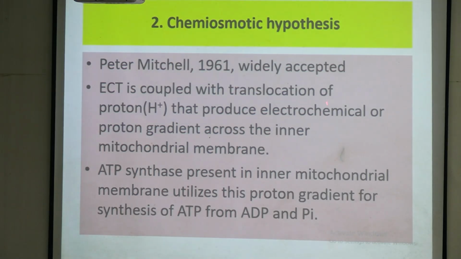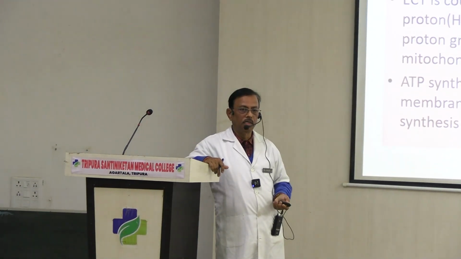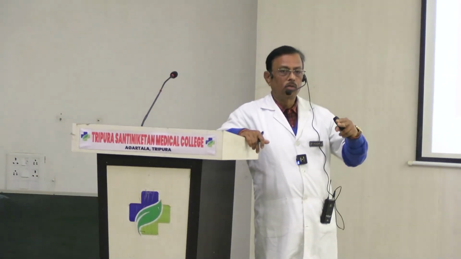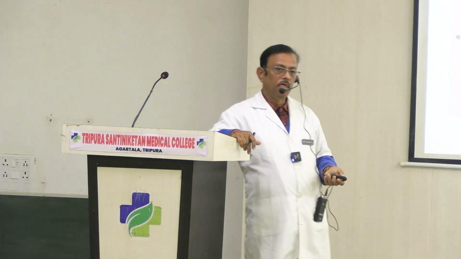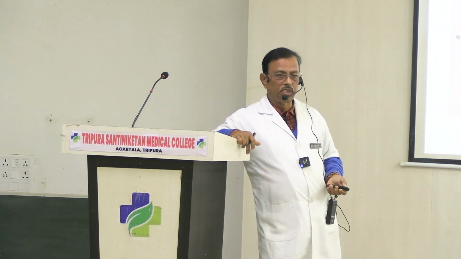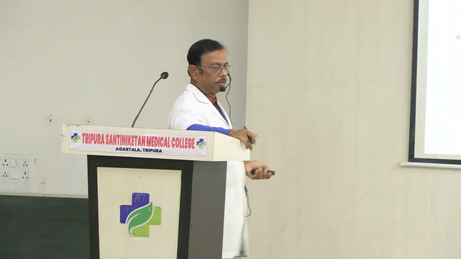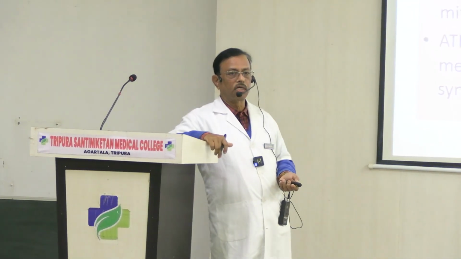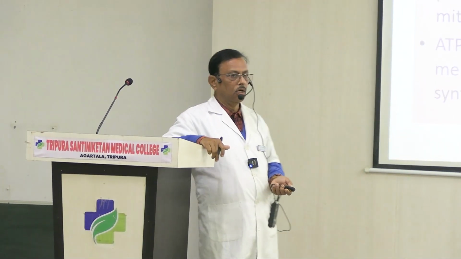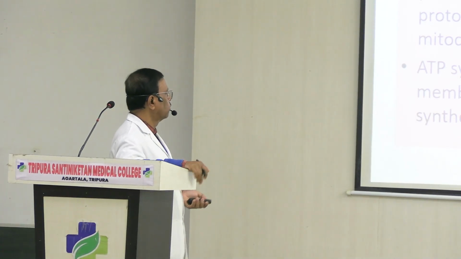The electrochemical in the sense that we have seen that translocation of protons is there into the intermembrane space. So in comparison to the matrix, the intermembrane space is more positive in charge. So there is an electrochemical gradient. Again, a number of protons are translocated, so there is a proton gradient. So two gradients are there, electrochemical and proton gradients across the inner mitochondrial membrane.